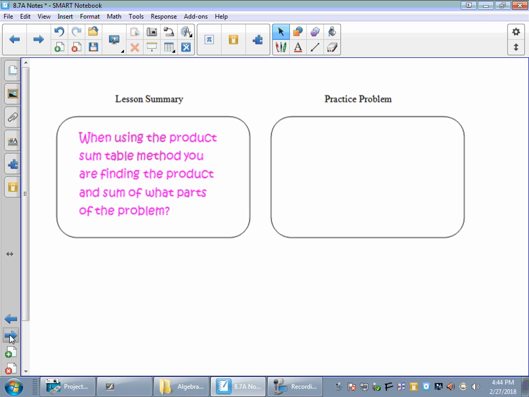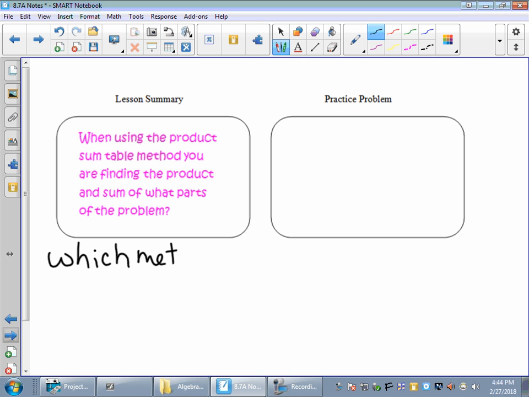Here's one question. When using the product sum method, you are finding the product and sum of which parts of the problem? I also have a second question for you, and that question is, which method do you find the best?